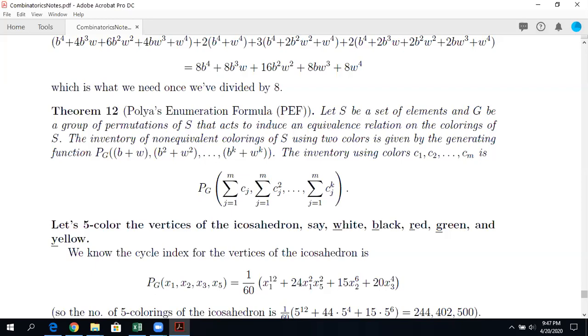Okay. So basically what we do is we take the cycle index polynomial and we replace each one of the variables x sub i with the sum of the colors.